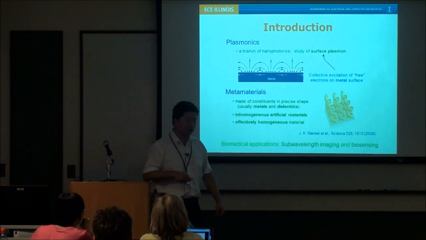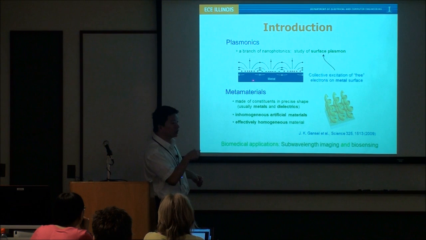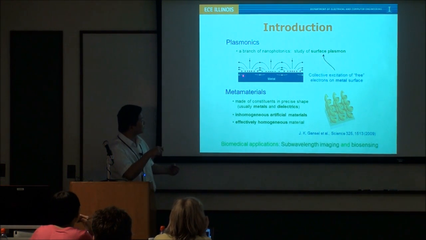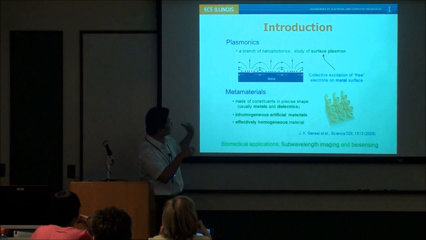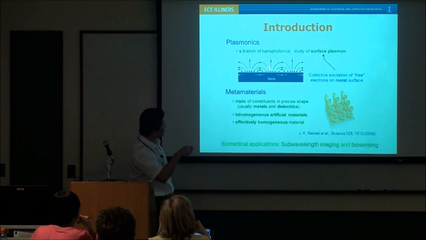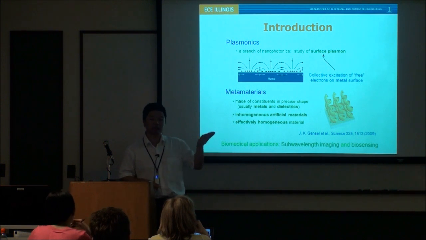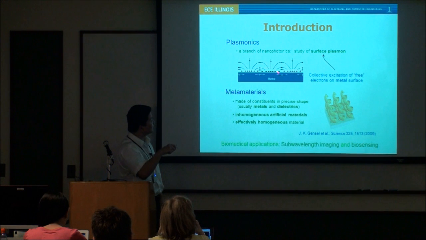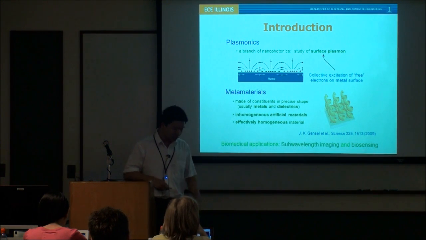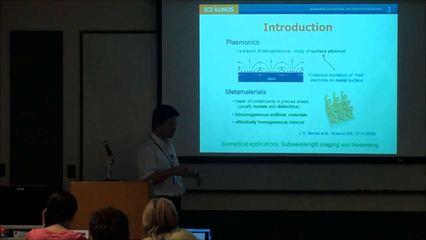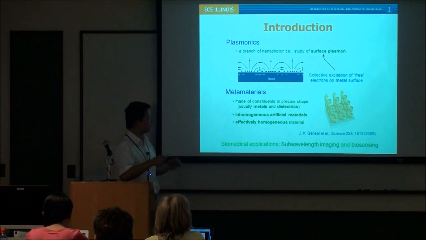The side effect is that some area is short of electrons, so it becomes equivalently positive charge. That's why you can have periodic patterns of electron-poor or electron-rich regions, positive charge and negative charge regions forming periodic structures on the surface between the metal and the dielectric materials. So you can use light to create that kind of electron wave, but it's not exactly the electron wave we talk about in quantum mechanics.